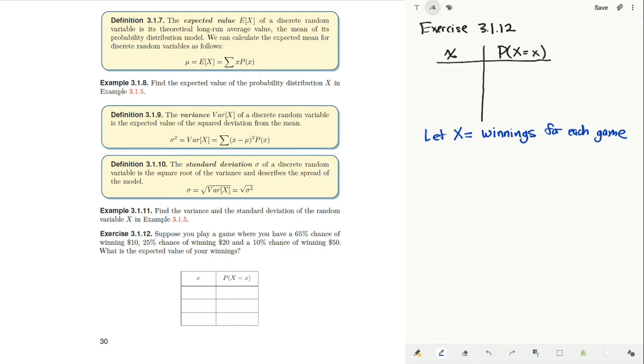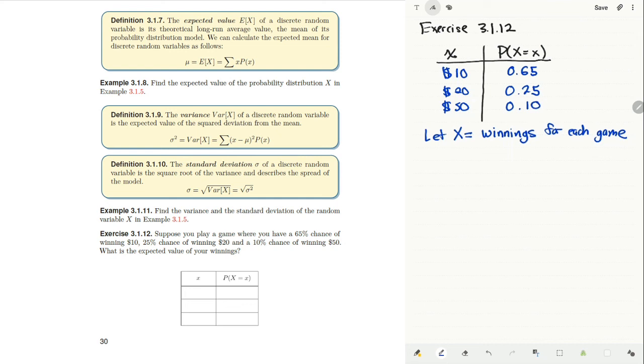So we could win $10 with a probability of 65%, or 0.65. We could win $20 with a probability of 0.25, or we can win $50 with a probability of 0.1.